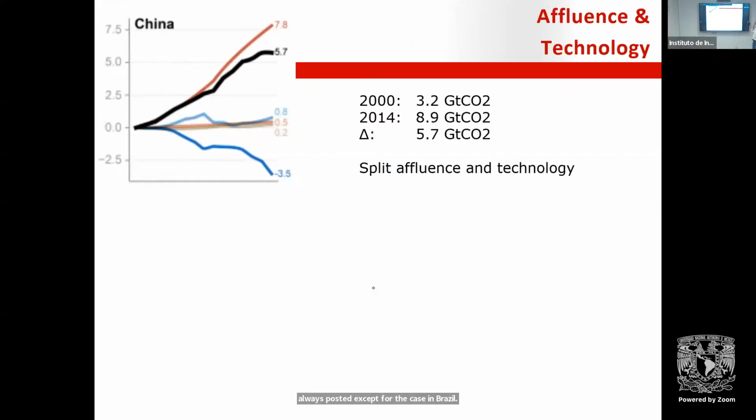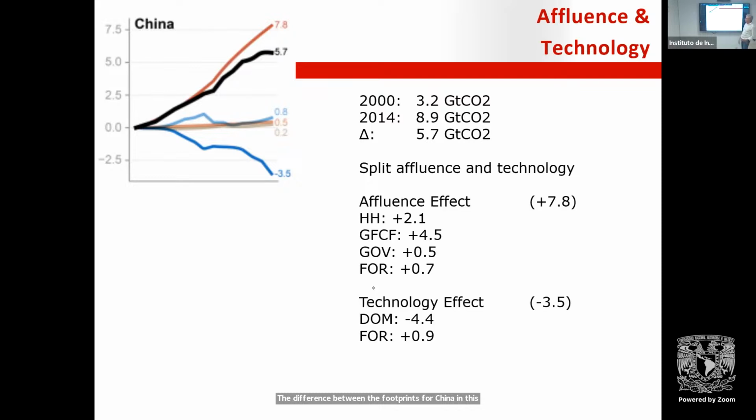Looking at the details for a country, here we look only at affluence and technology. So the difference between the footprints for China in this case between 2000 and 2014 is split into affluence, technology, and the rest. So the affluence effect is 7.8.